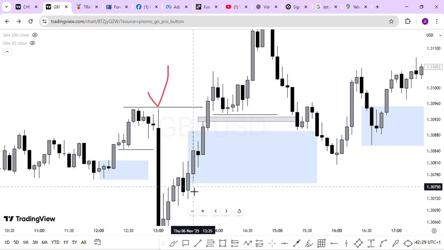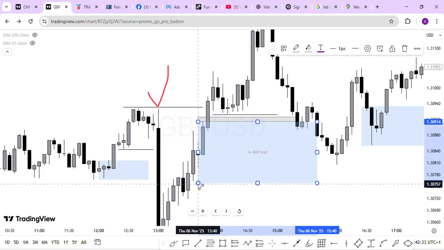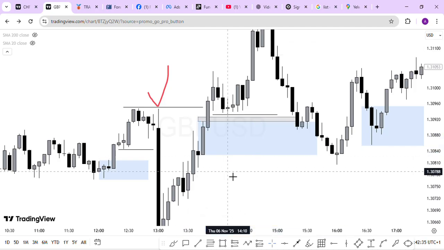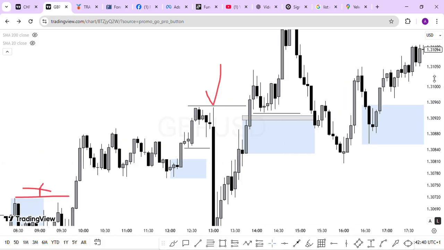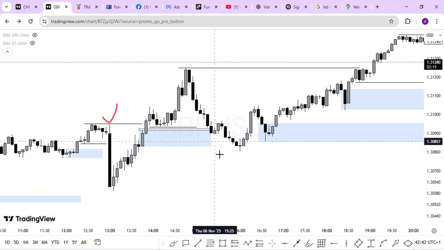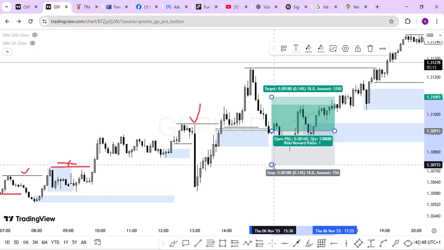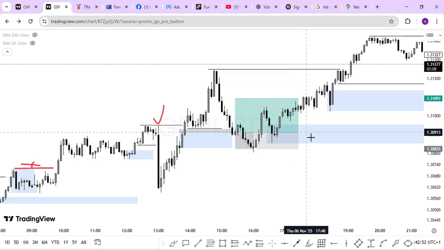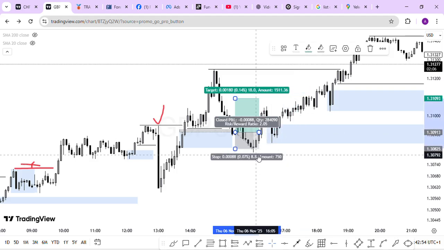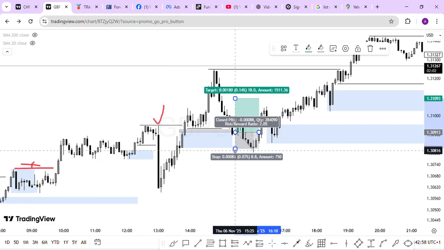So if we are to shift the order block now, we will be looking at this one, because a block must be accompanied with what? With a fair value gap. And as you can see, the market came there nicely, the market mitigated. So if you're taking an entry from here, like this, as I used to tell you, you don't keep your SL right below the order block, because the market might still want to sweep that order block.